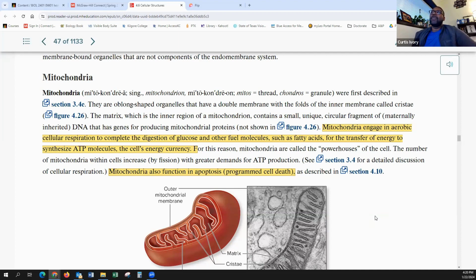The opposite of that would be necrosis. So necrosis is essentially where all of a sudden that cell is doing just fine, and then it explodes. And all the contents inside that cell, all the toxins, all the organelles, just go everywhere and start breaking down.